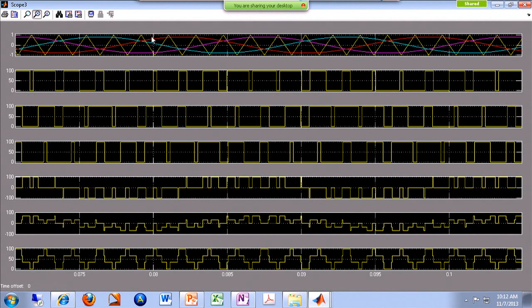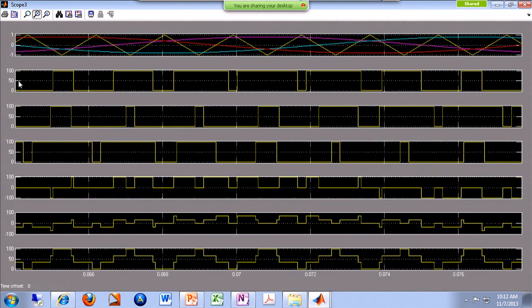And I think the red one was phase A, and then the purple one is phase B, and the bluish one is phase C. These three graphs that I have underneath, these three traces are VA and VB and VC with respect to the neutral point. So you can see they are either 0 or 100.